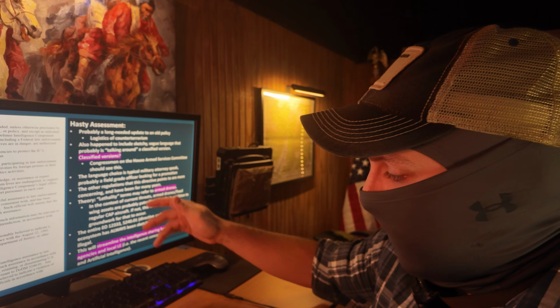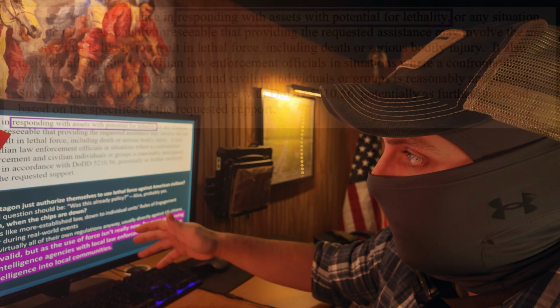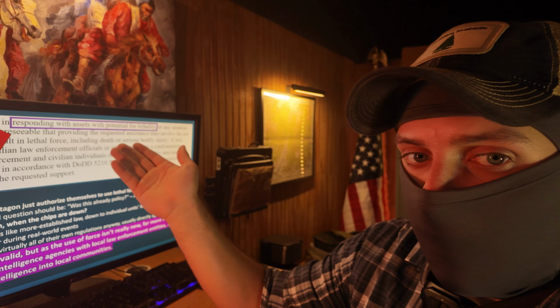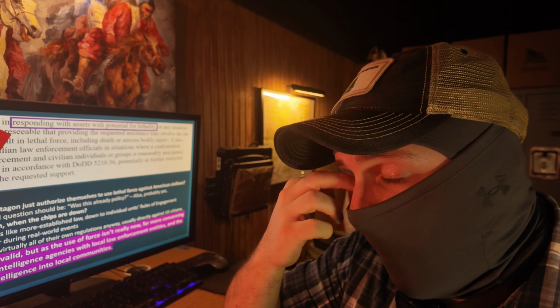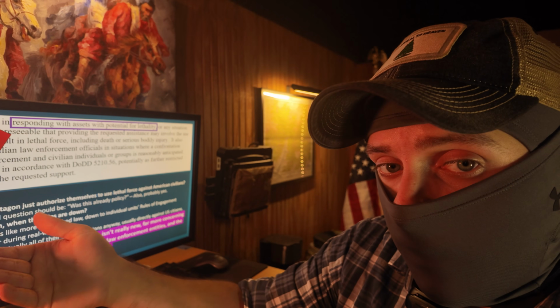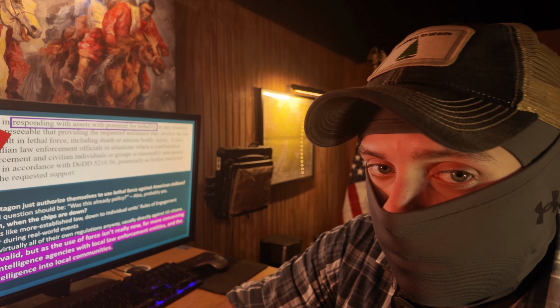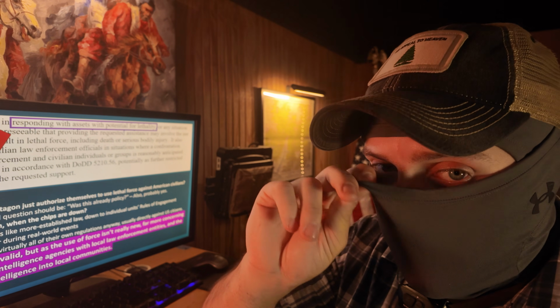So skipping forward just a little bit, let's take a look at this quote here, the responding with assets with potential for lethality. This is the line that's got everybody in a tizzy, and I'm sure a lot of people have already talked about this particular paragraph in the context of them trying to say that this authorizes the Department of Defense to kill Americans on American soil in violation of, well, whole sections of U.S. code, right?